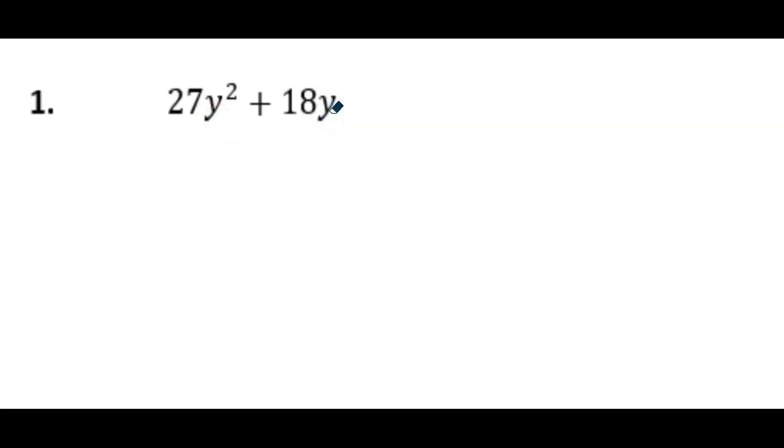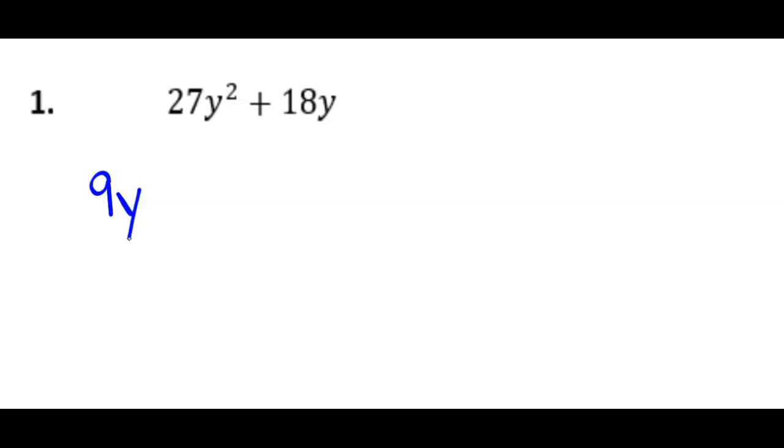So what number can I divide both 27 and 18 by? Well, I can divide them both by 9. What letter can I divide both y squared and y by to cancel out my y's? Well, I can divide both by y.